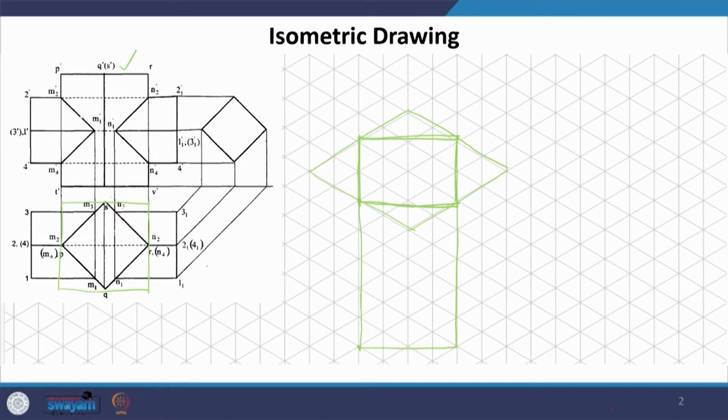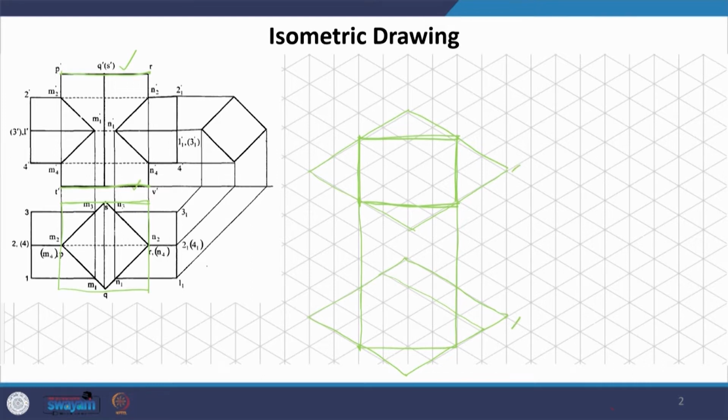Okay. Now, with reference to this, this is where this particular base is and this is the bottom where this base is, right. So, this is where this base is. So, we have drawn two bases here and here, and then in between there is a certain height.